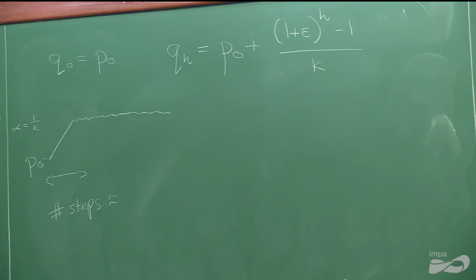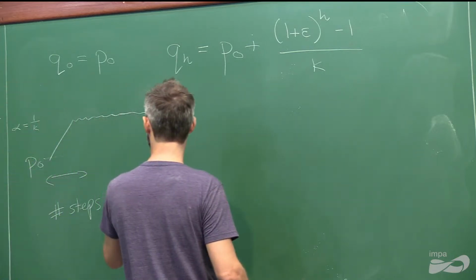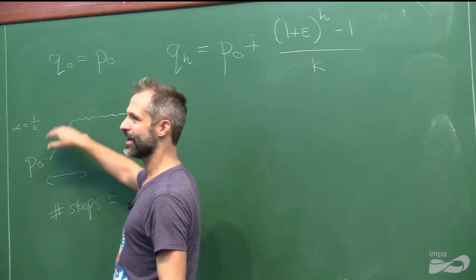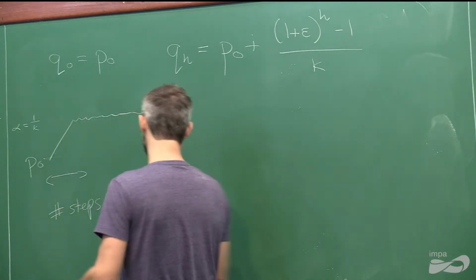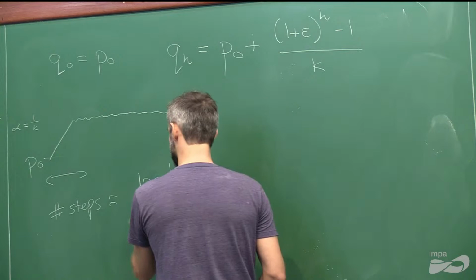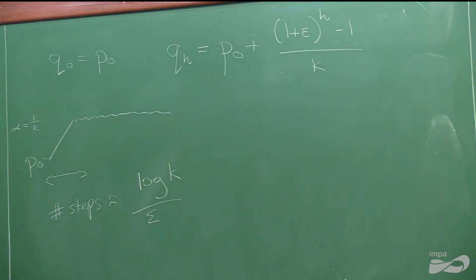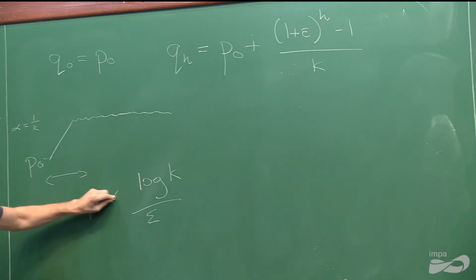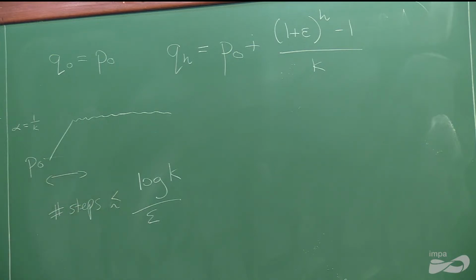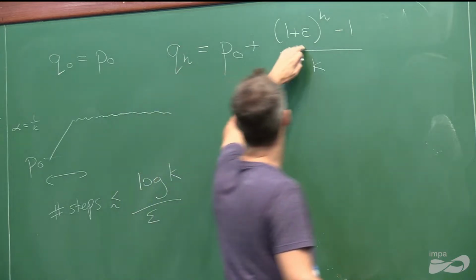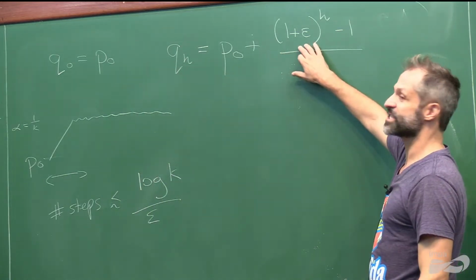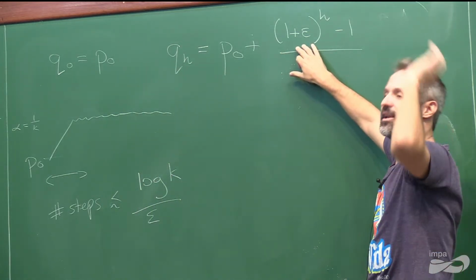Logarithm of 2 divided by epsilon. Yeah, exactly. Basically, log of, okay, you have to go up by some polynomial in k, something like log k. But yeah, divided by epsilon, exactly. At most. The point is that your step size is increasing exponentially.